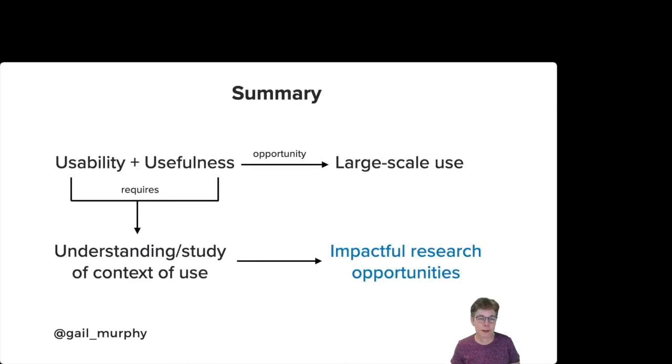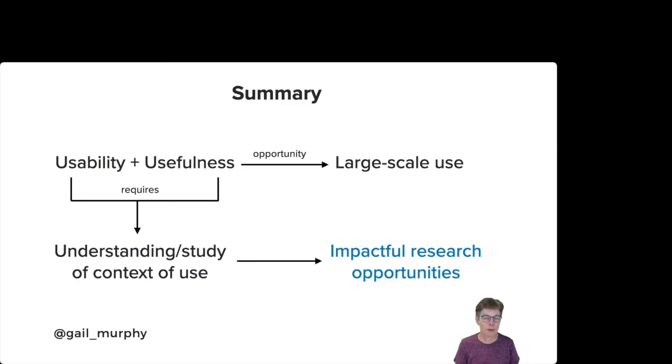So in summary, I hope I've given you a little bit of insight into what usability and usefulness might mean, and how we might go about understanding the context of use, understanding what usefulness and usability look like in the context of how developers use tools as part of the work that they're actually performing. We need to do more of this kind of understanding and study within software engineering about tools.